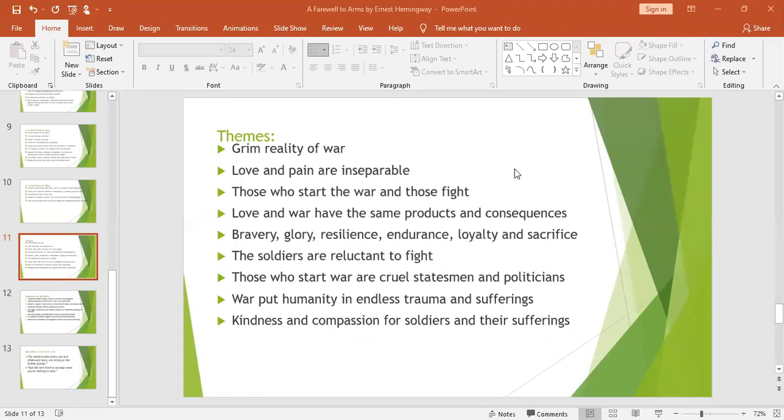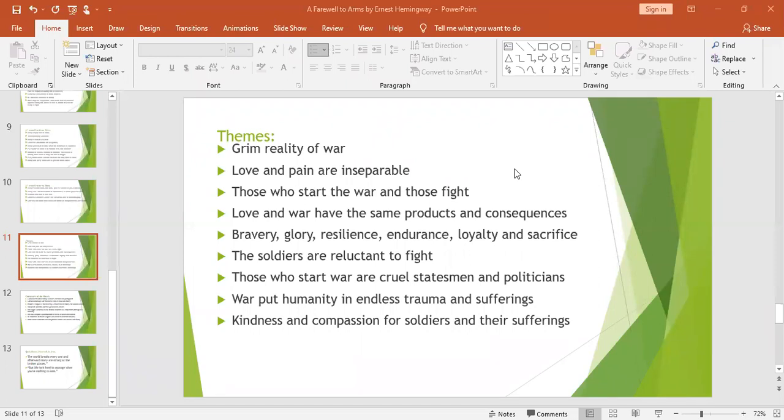Actually, this novel has an autobiographical element, it is an autobiography of Ernest Hemingway. Basically, Ernest Hemingway served in the American army in the First World War. So you can say that Henry represents Ernest Hemingway. So there is an autobiographical element in this novel.